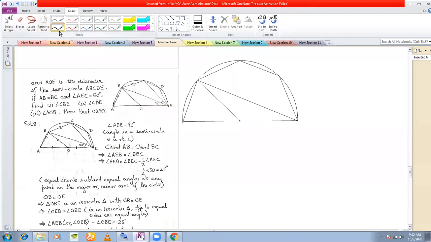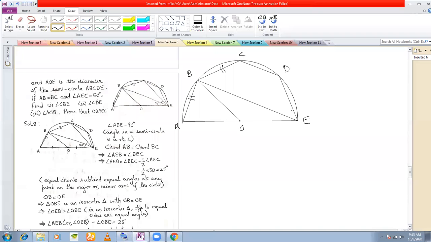Okay, so this is what your figure looks like. It is given to you that these two chords are equal, AB and this point is given as C. Okay, and chord AB is given equal to this chord BC.